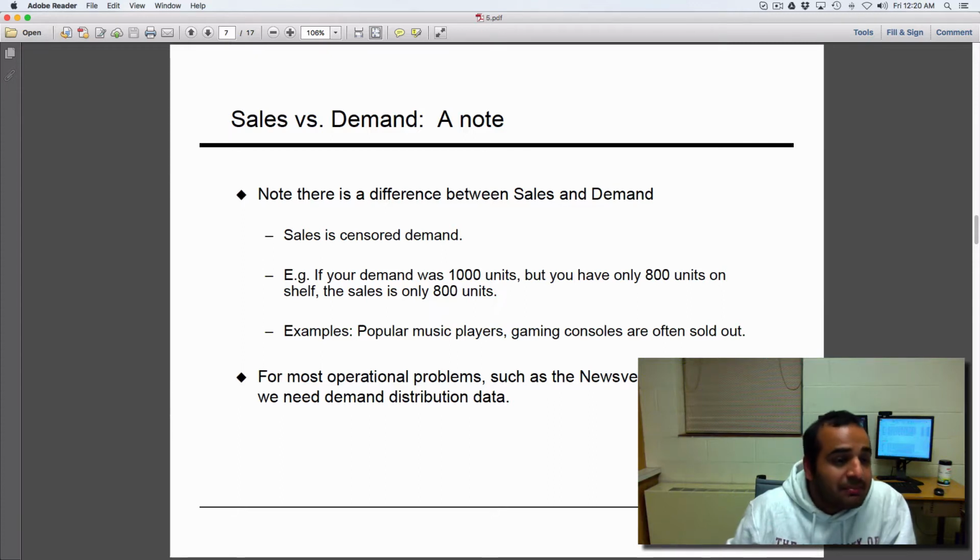There are several examples where this happens. For example, popular music players and gaming consoles are often sold out because there is limited inventory. For most operational problems, such as the newsvendor problem, we need the true demand distribution. We are interested in collecting the true demand distribution. In order to do that, one step we are going to take is to compare your forecast with the actual demand in the table.